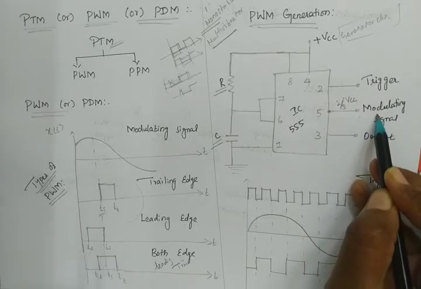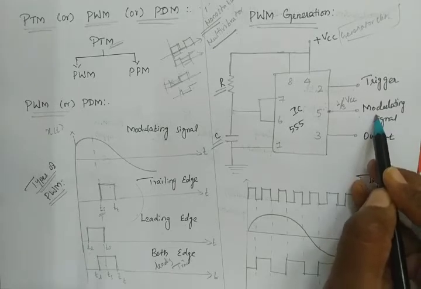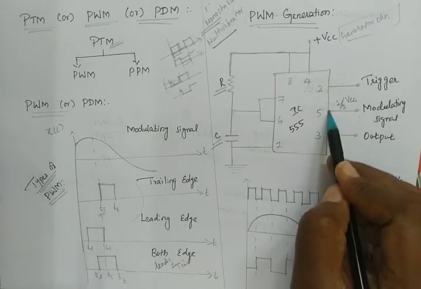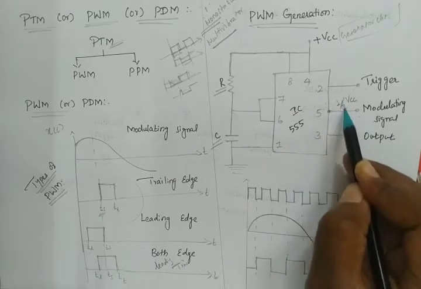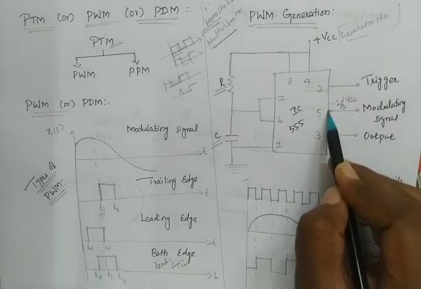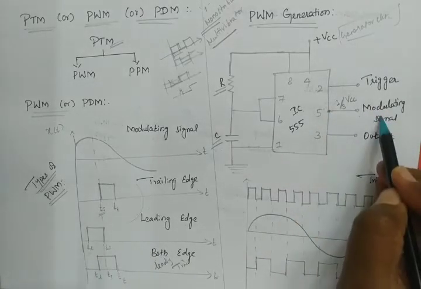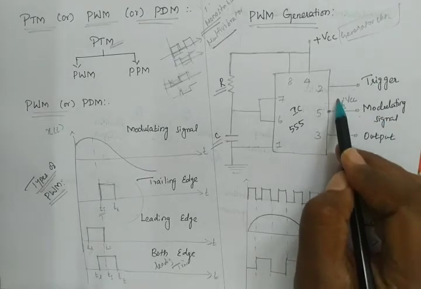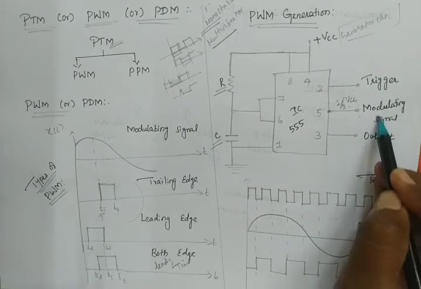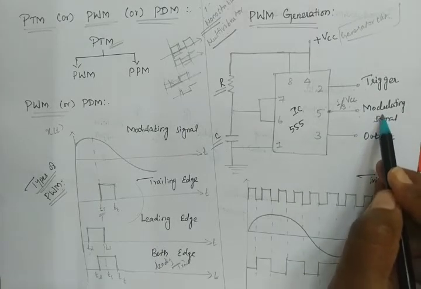Due to this modulating input, this will change the control voltage. Previously it was adjusted to 2/3 VCC, but externally we are giving a modulating signal to the input. Now this modulating signal will change this control voltage, so 2/3 VCC will be changed by this modulating signal.